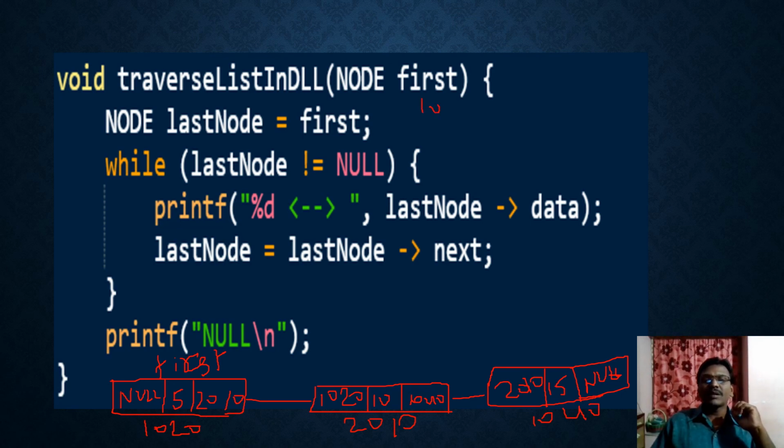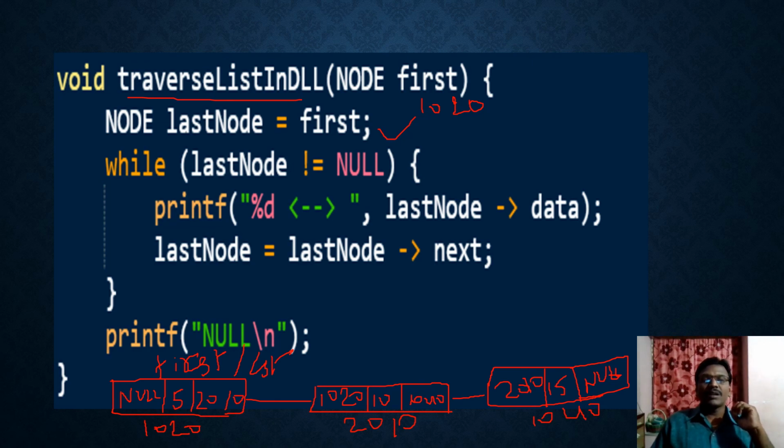Now the argument is 1020. First is representing it. Now traverse list in double linked list, node first is representing 1020. Now node last equals first. It means the first and last are also representing 1020. After the statement, first and last are representing 1020.